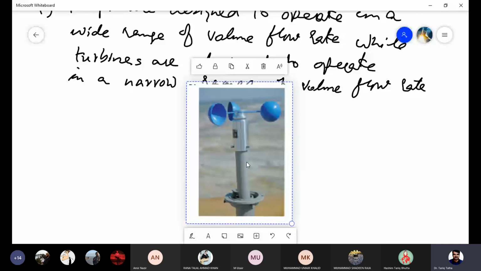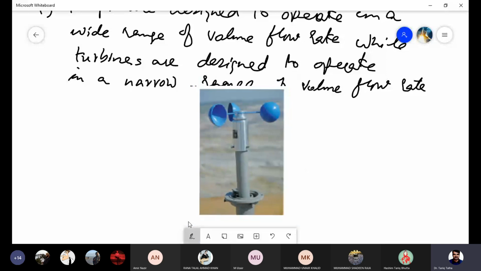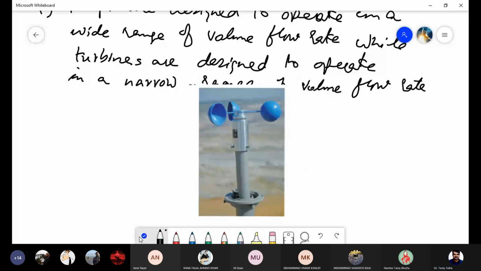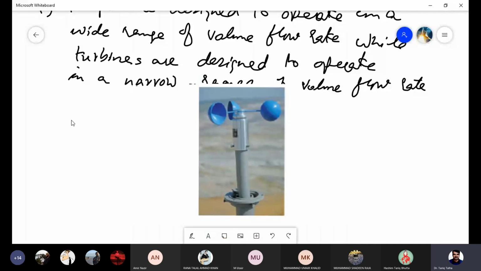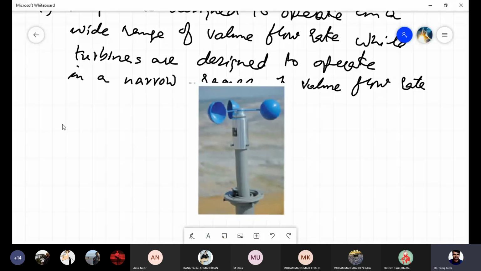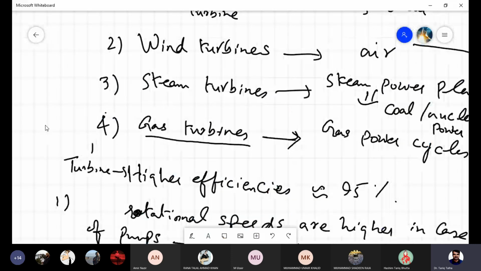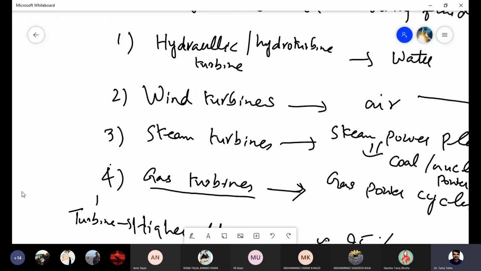So meteorologists usually use this kind of arrangement, but generally speaking, turbines are used for power production. Like I have explained the four different types: hydro turbine, wind turbine, steam turbine, and gas turbine. They are widely used in industry.